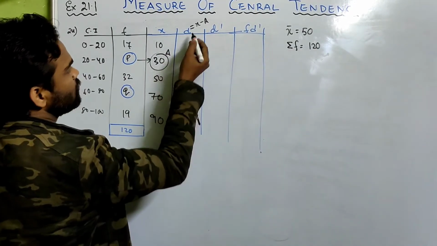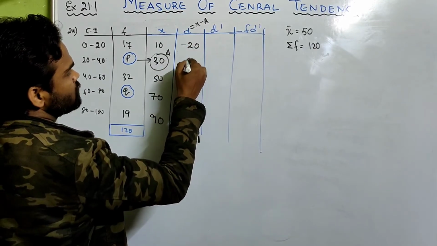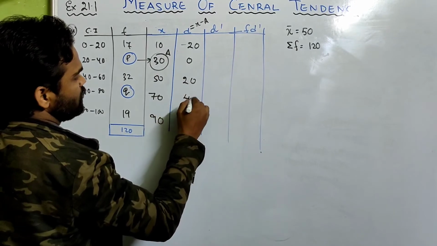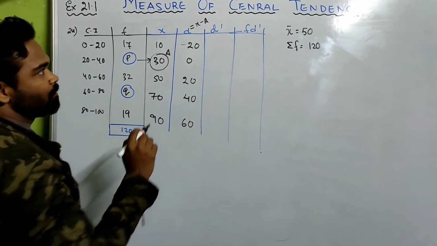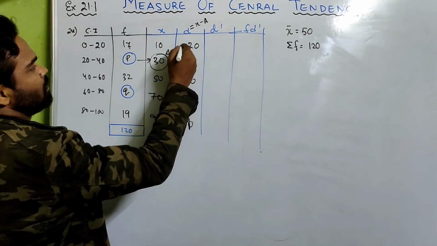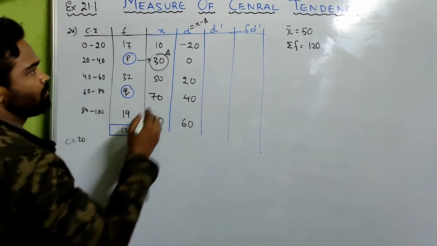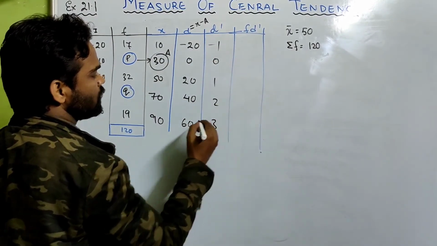Then D is what? X minus A. 10 minus 30 is minus 20, 0, 20, this is 40, this is 60. Then D dash is D by C. Okay? That's minus 20 and C is how much? C is 20, the class size. So we'll divide by 20: minus 1, 0, 1, 2, 3.